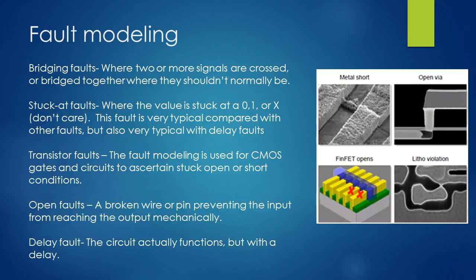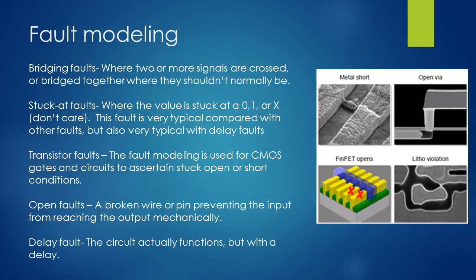Stuck-at faults. This is where the value is stuck at a 0, a 1, or an X, i.e. don't care. This fault is very typical compared with other faults, but also very typical with delay faults as far as frequency of occurrence.